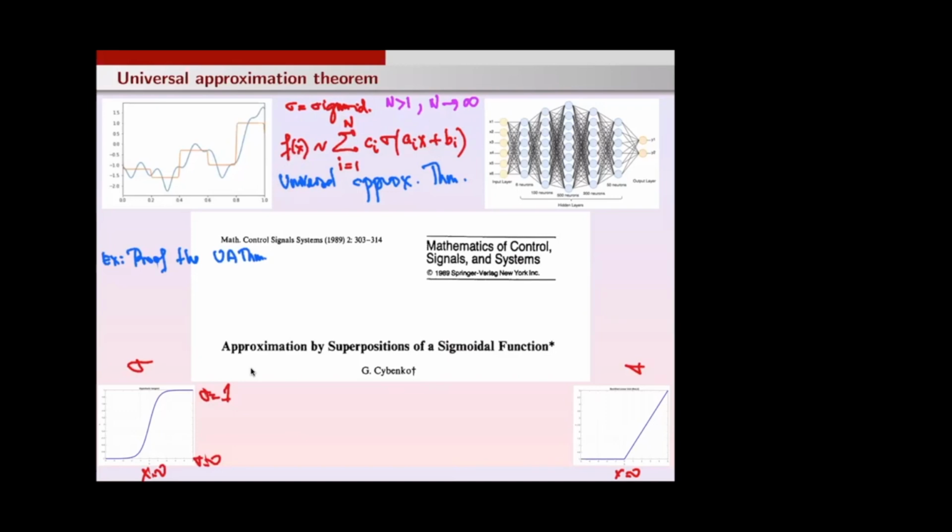How do I do it? Well, I apply Hahn-Banach. Hahn-Banach says, assume this class of functions is not dense. We do it by contradiction, so we argue by contradiction.